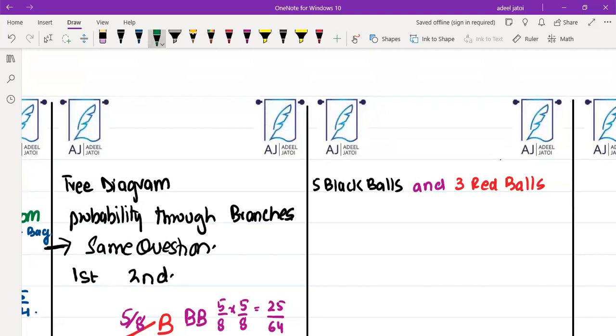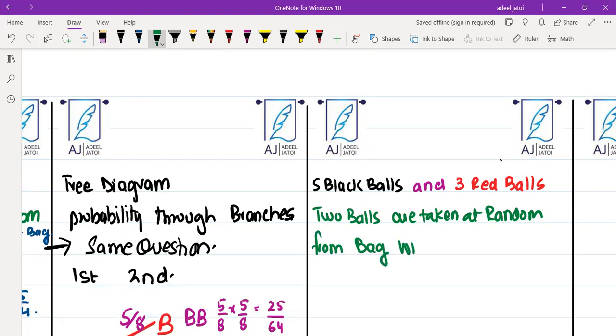The question is very clear. 2 balls are taken at random from the bag without replacement.